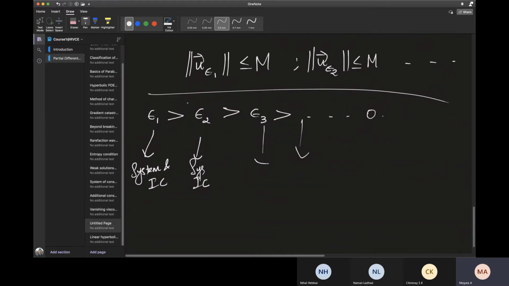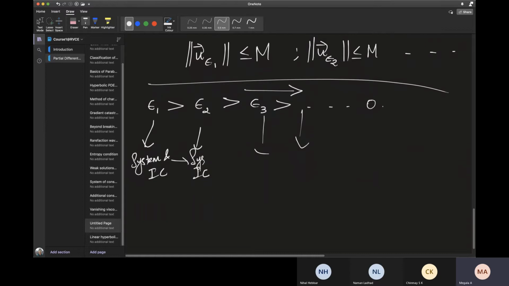So as epsilon goes closer to 0, the systems that you have also should approach the actual system that we consider, that is the actual system of PDEs without epsilon, the original system that we started.